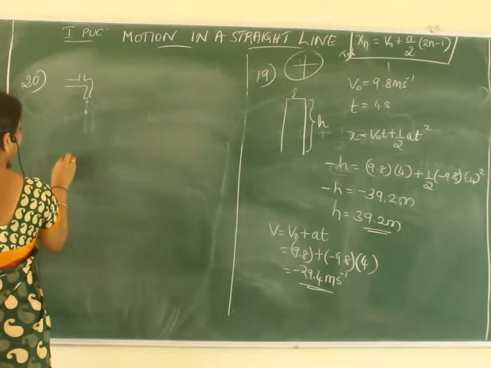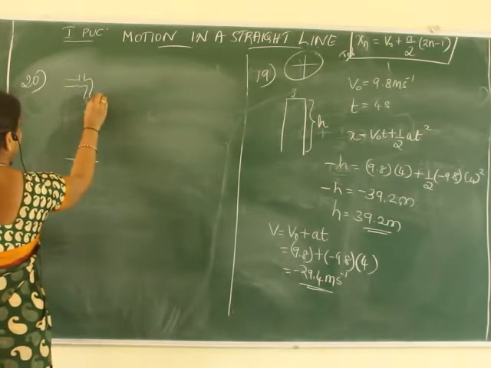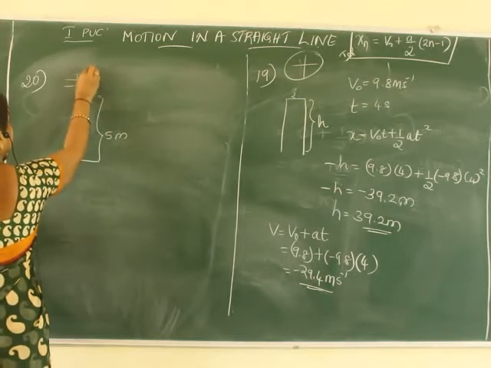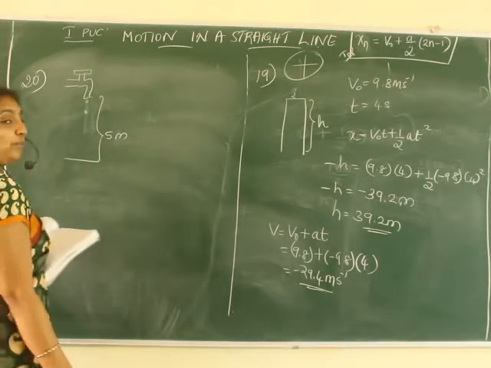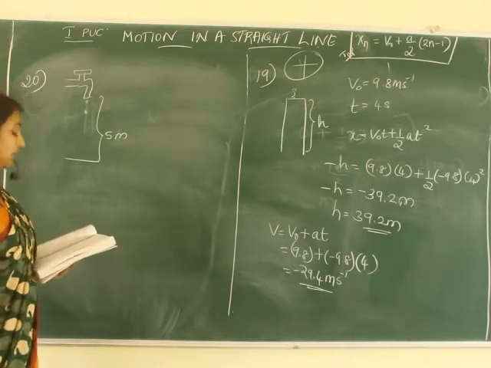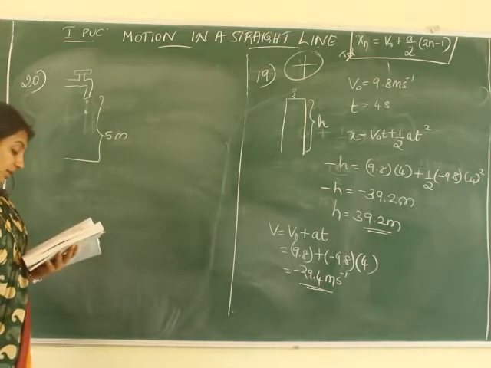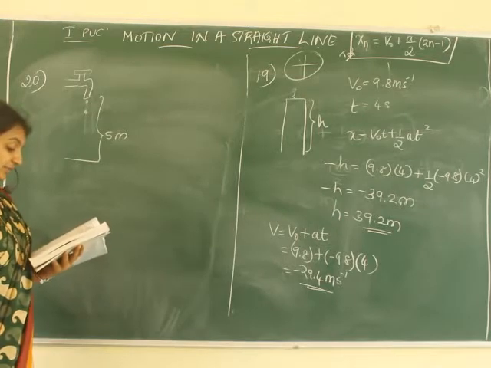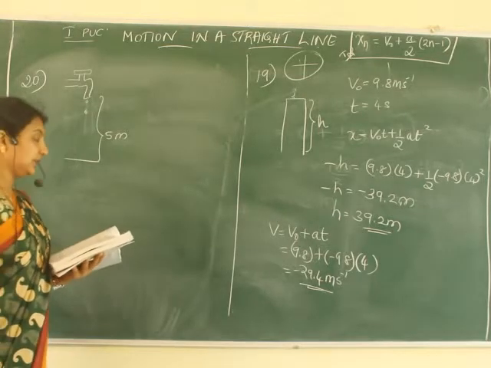Correct? So from the ground, the height of the tap is 5 meter. Correct? Okay.